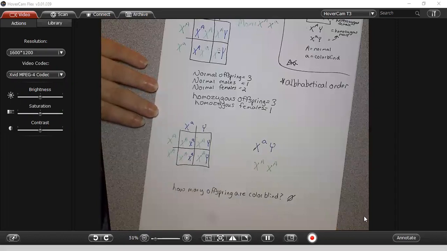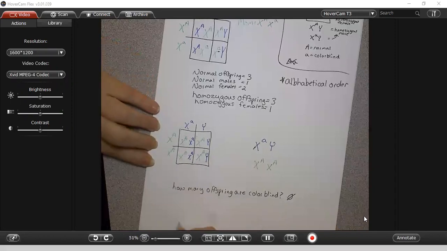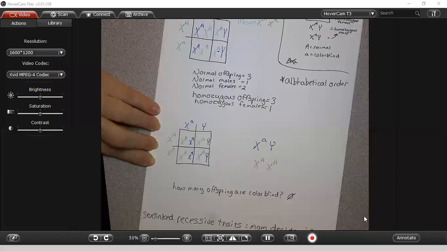So one thing this will show you is that recessive traits that are sex-linked, mom decides if offspring get it.